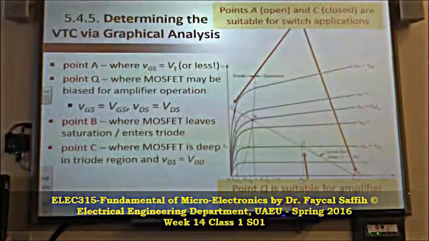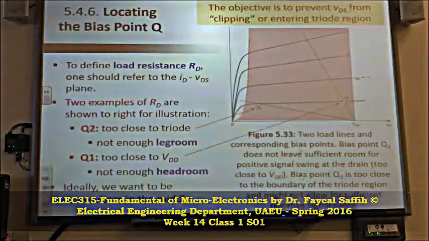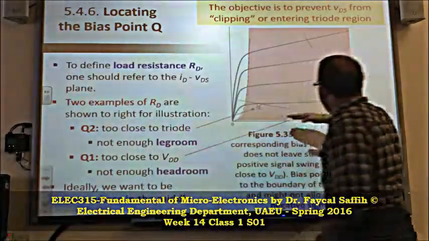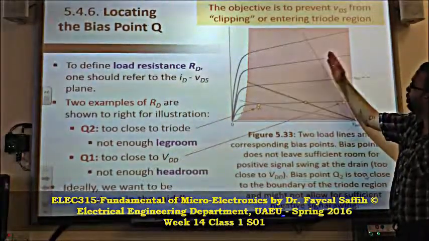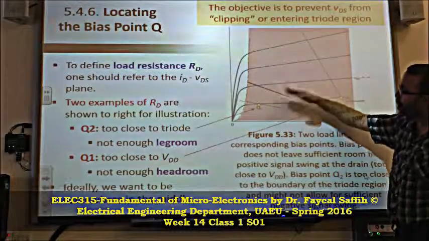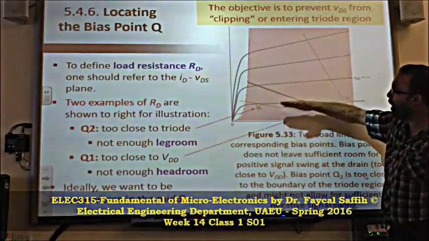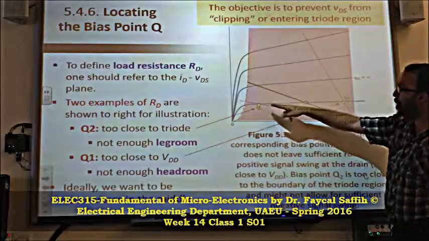Let's have a look at that. Here we are changing the slope, from this point to this point. We did not change VDD, we kept it constant. But if we change the slope by changing the resistance, we can change where Q will be.